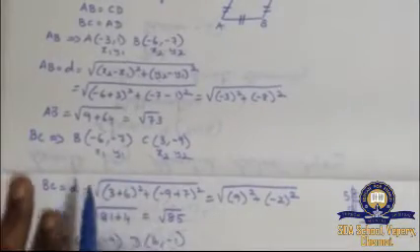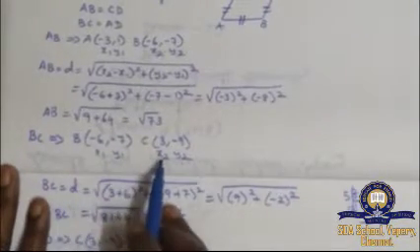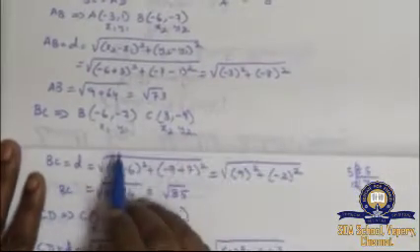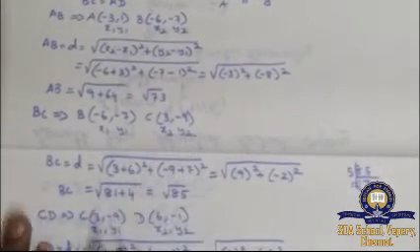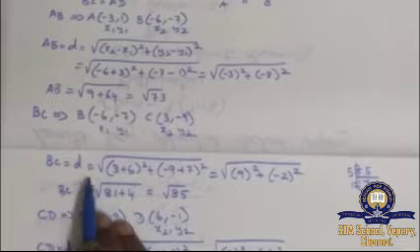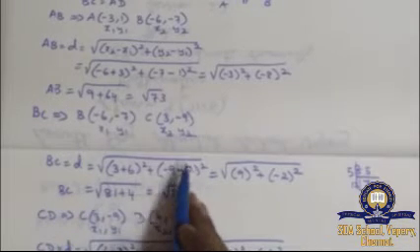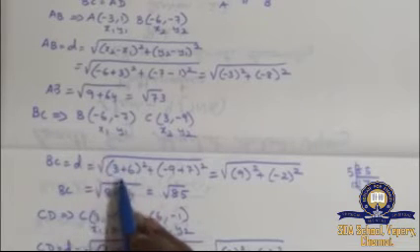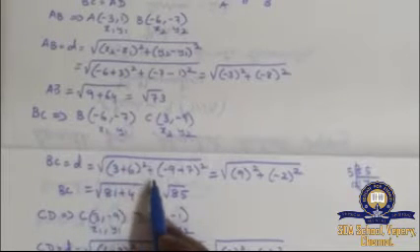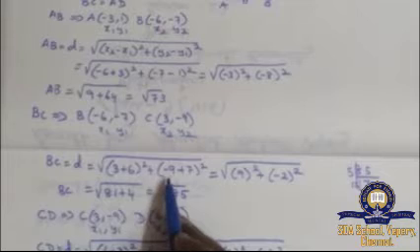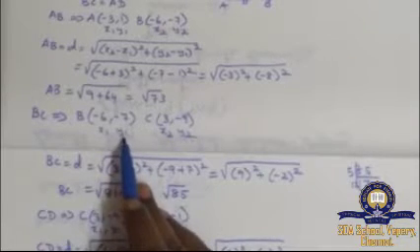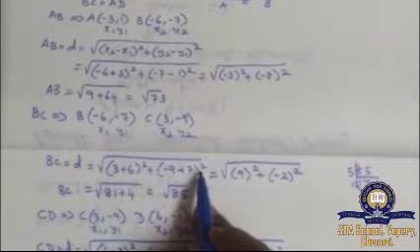Then BC. B is minus 6 comma minus 7, C is 3 comma minus 9. Same way x1 comma y1, x2 comma y2. Then BC formula: d is equal to root of (x2, 3, minus x1, which is minus 6, so I have written plus 6) the whole square, plus (y2 is minus 9, minus y1 which is minus 7, so I have written plus 7) the whole square.